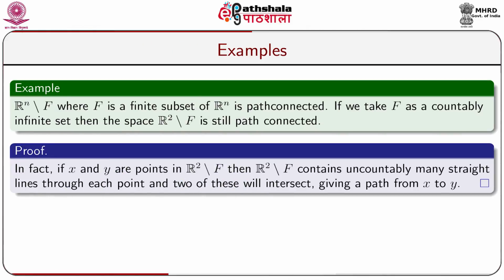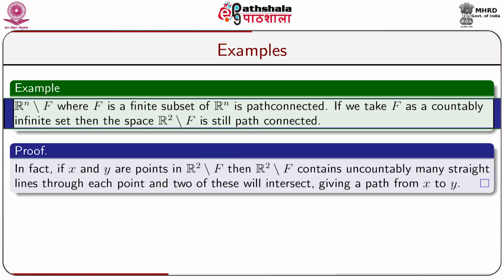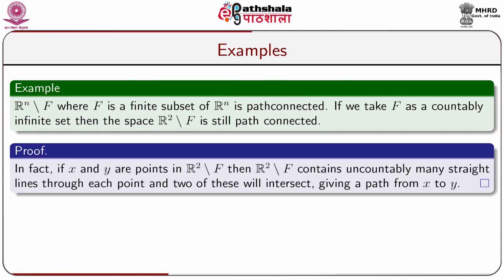Now we shall prove that if finitely many points from R2 are deleted, then it still remains path connected. In fact, if countably many points from Rn have been deleted, then Rn still remains path connected.